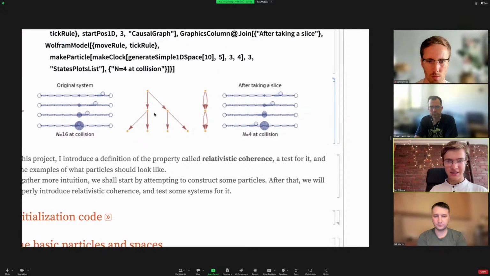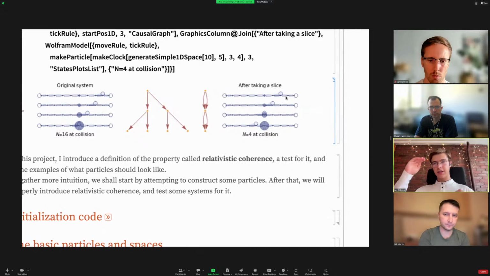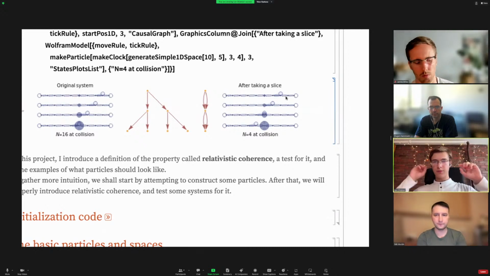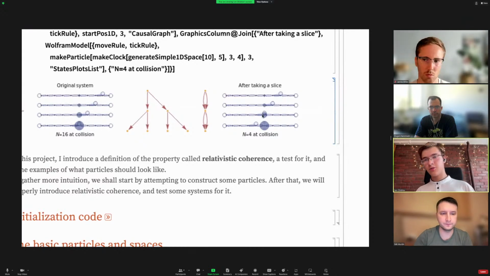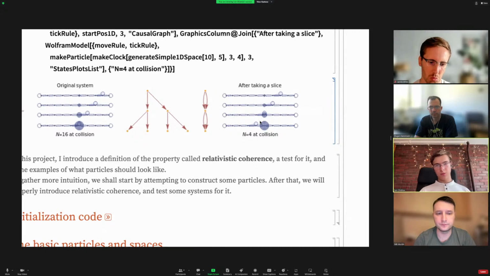So this is the causal graph. We did the tilted slice, and after that the particle has traveled one more, so one more event was applied to the particle in our initial state, which means that the chains of events for the particle and the clock were misaligned, and that allowed the particle to arrive at the clock sooner. And that is not at all what we want to happen.